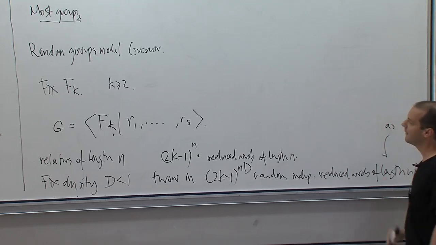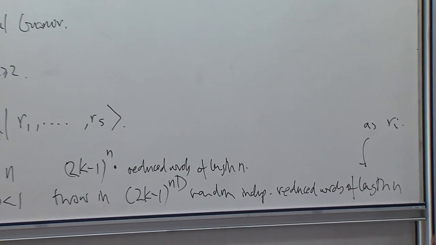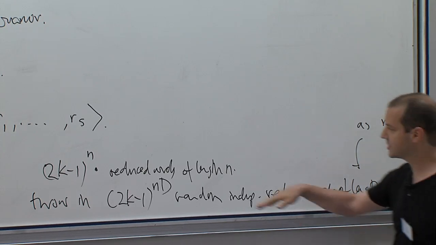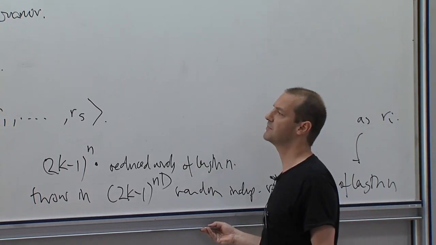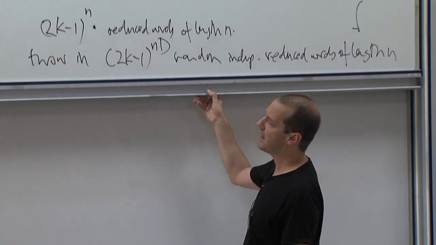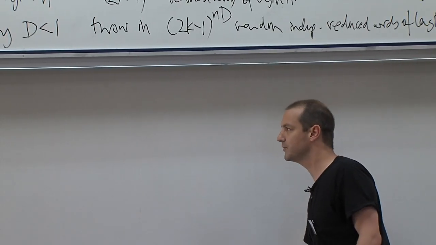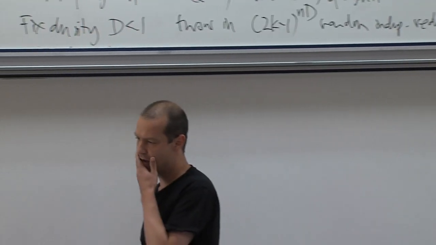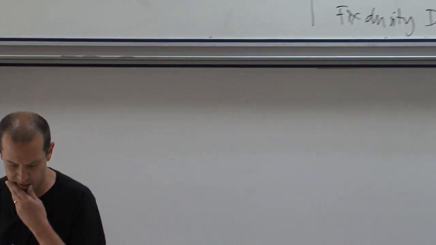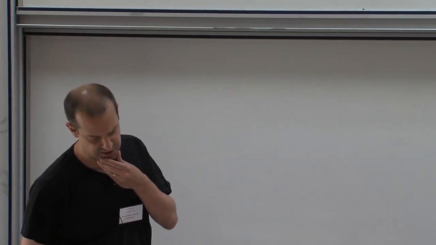Okay, so this is the model, and it turns out to have some interesting properties. Gromov first proposed this model and proved a few interesting things about it. One of the most fascinating aspects of it is the existence of a phase transition.